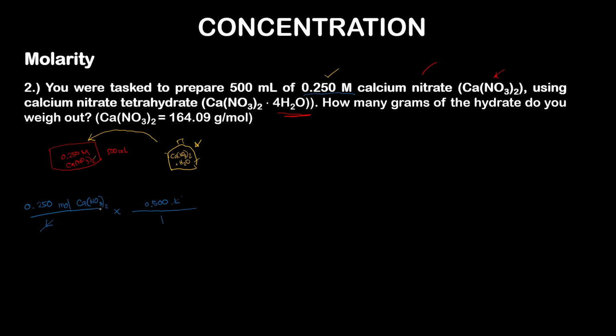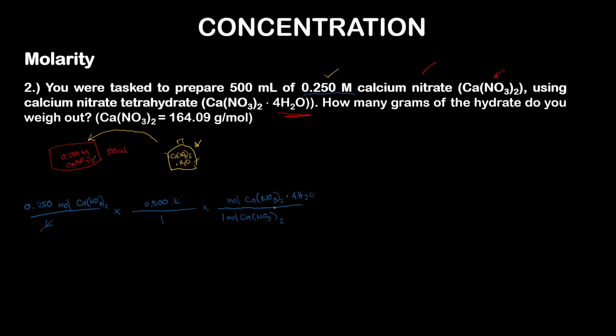You want the grams of calcium nitrate tetrahydrate, but you have calcium nitrate. So let's find its stoichiometric ratio. So 1 mole of calcium nitrate is how many moles of calcium nitrate tetrahydrate?